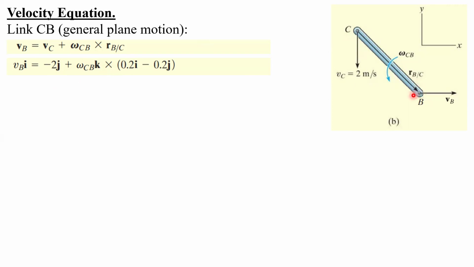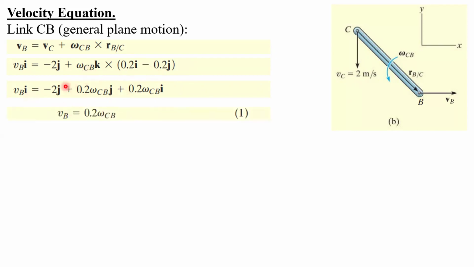This point is shown to be 0.2 meters in the x direction and 0.2 meters in the y direction, but the y direction is downwards. So we now cross this out. k cross i is equal to j. k cross j is minus i. Times minus will give us plus.